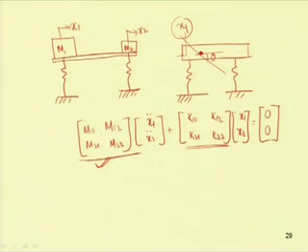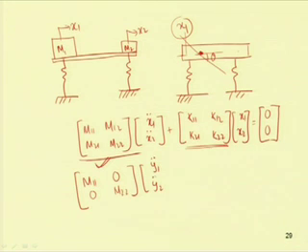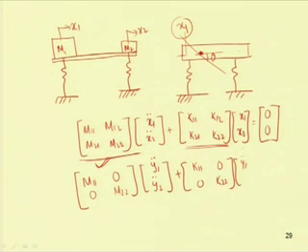If it is uncoupled, then we can get the advantage like this. Let the off diagonal terms be 0. In that case I can write the system equation in this form: y1 double dot, y2 double dot, plus k11 0, 0, k22, times y1 and y2, equal to 0, 0.